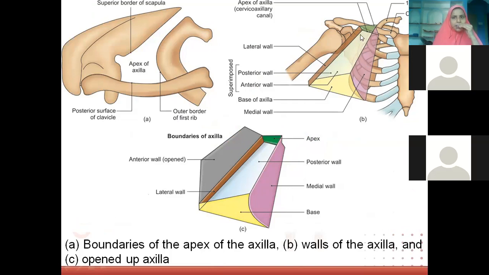Then laterally or posteriorly, you will have the superior border of the scapula bone. Then anteriorly, we have the middle one third of the clavicle. The base is formed by the skin, and the apex is the one where you just imagine as though you are putting your finger deep inside, so that is going towards the root of the neck.